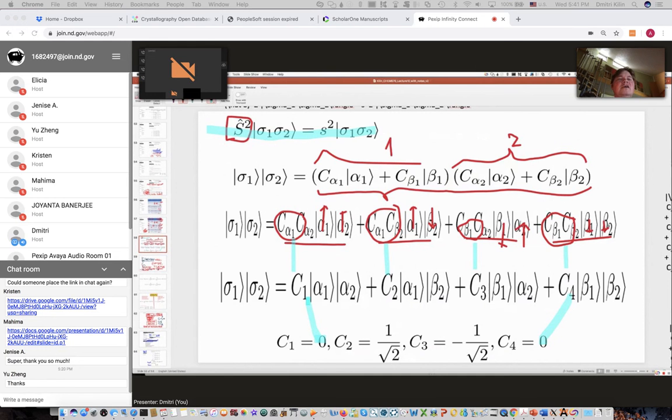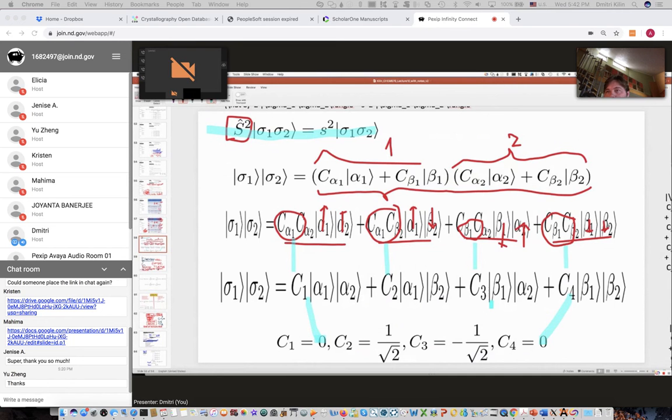And the coefficients in the middle come to the following configuration: 1 divided by square root of 2 and minus 1 divided by square root of 2, which means equal probability amplitude, with a minus sign, for up-down and then down-up. So this functional form of up-down minus down-up is exactly the same as was suggested by Slater for any multi-electron function.